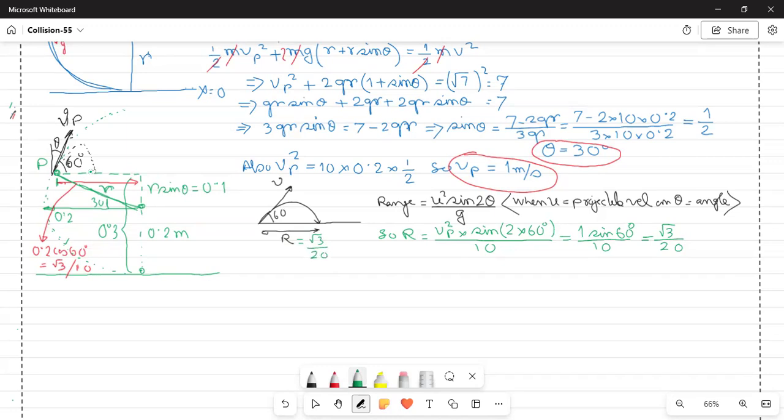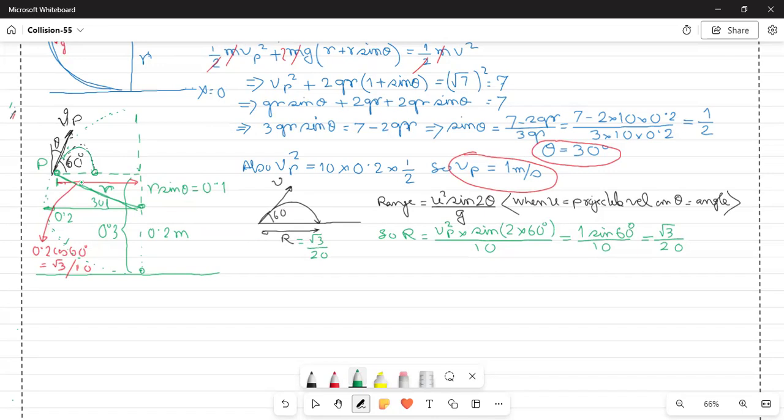Now, point P was at a distance towards the left by a value of root 3 by 10. And the projectile comes back at root 3 by 20. That means it just covers halfway through.